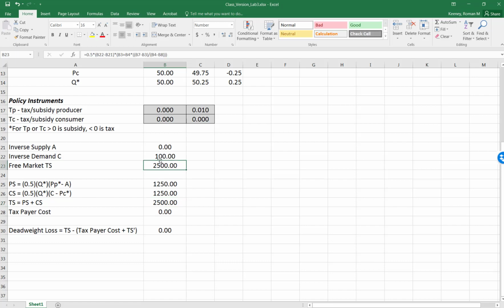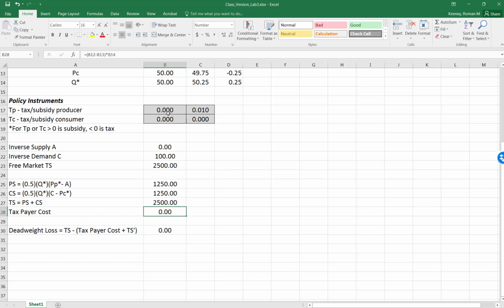So this first formula here calculates the free market total surplus without regard to any policies, right? So those are not included here. The second way just adds up producer surplus and consumer surplus to get the total, and those do include any policies that you might include in column 1.